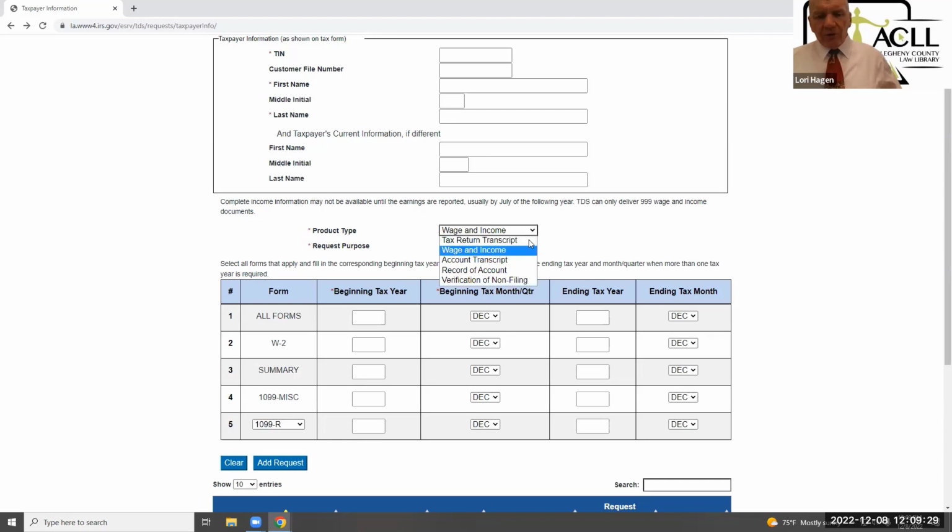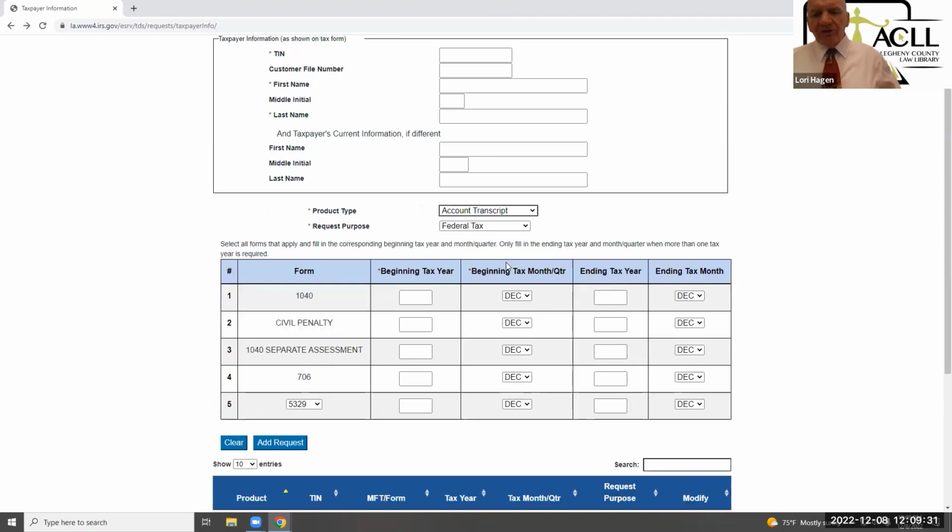Another part here is the account transcript, and the account transcript provides an awful lot of information. And if in fact, like some of the clients that I have, they owe a significant amount of back taxes, they'll ask me, well, I had a refund coming from year 2019, but it was applied to a prior year.